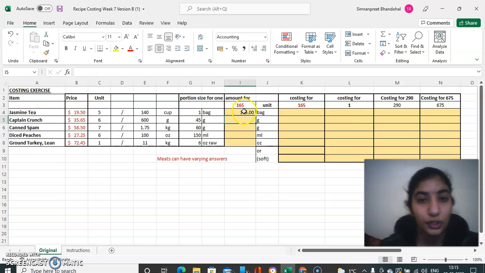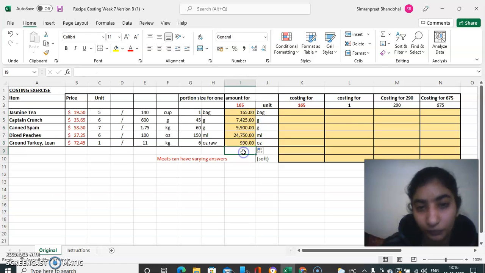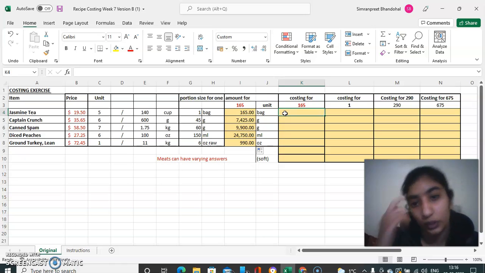So make sure we self-reference one time, and after that we will simply drag it down to get the whole result. So here we got the amount for 165.